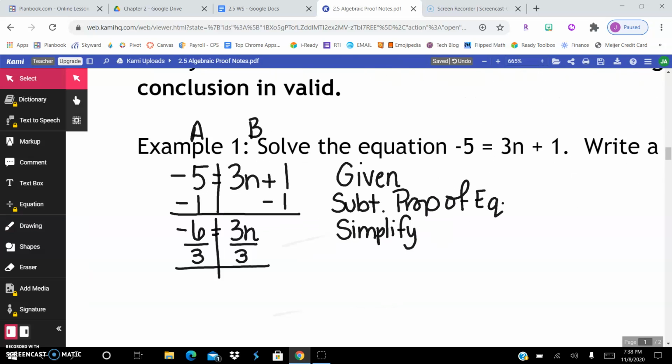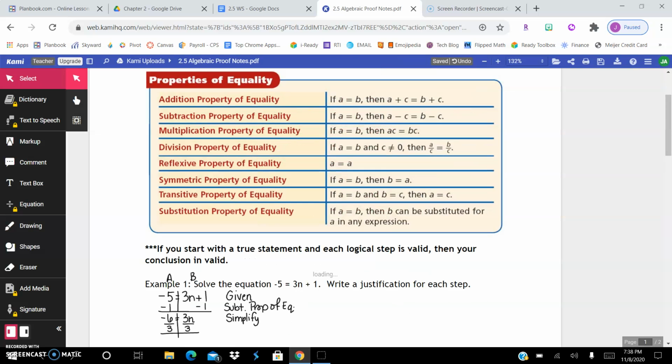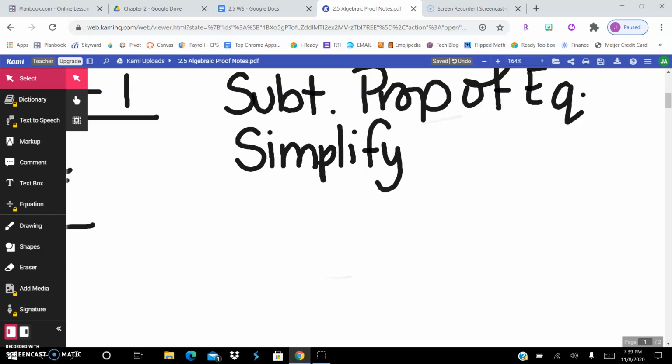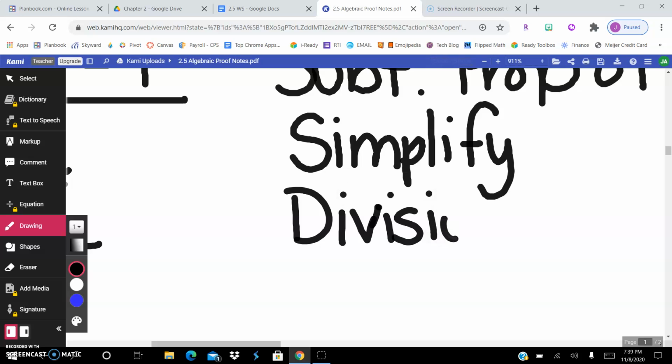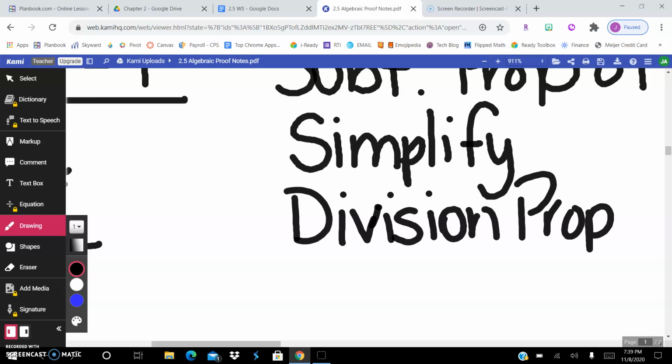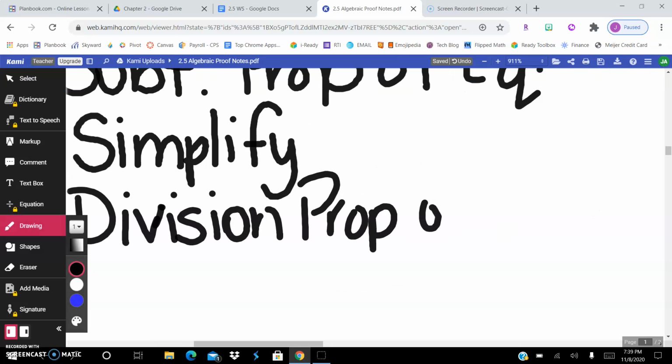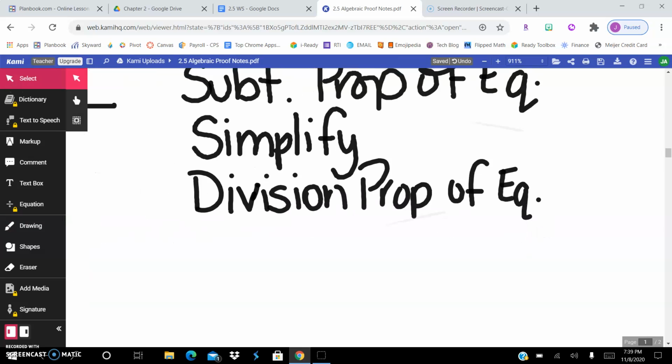If I go back up here, what property says that I can divide both A and B by a number and still have the same answer? That would be the division property of equality. So our proof here is the division property of equality.